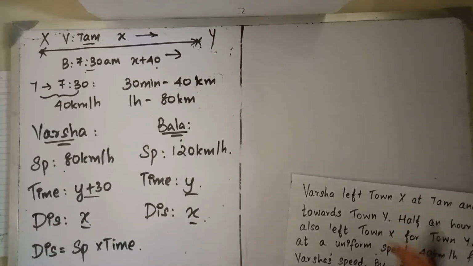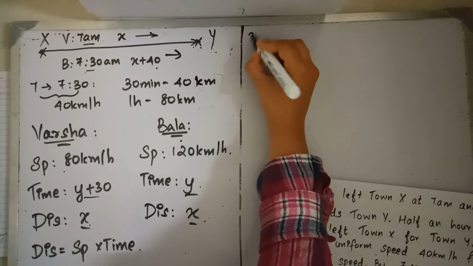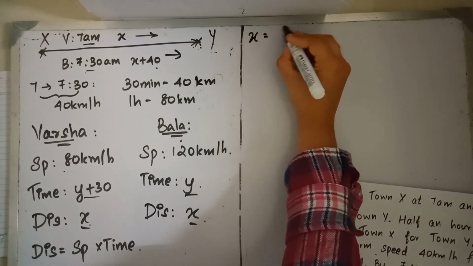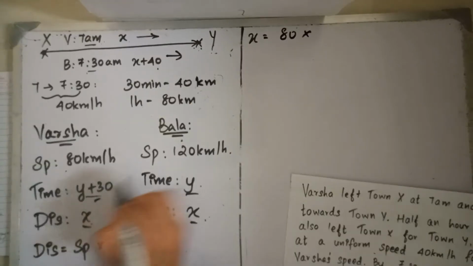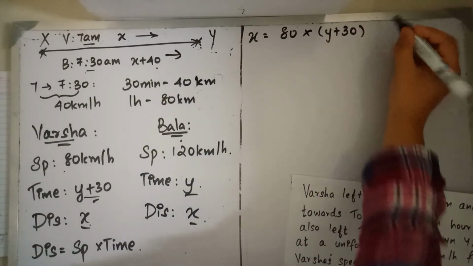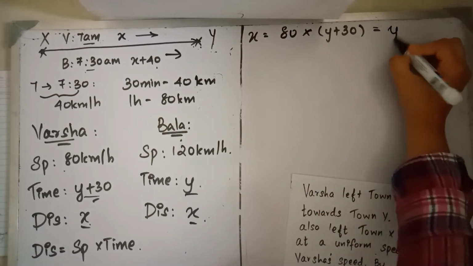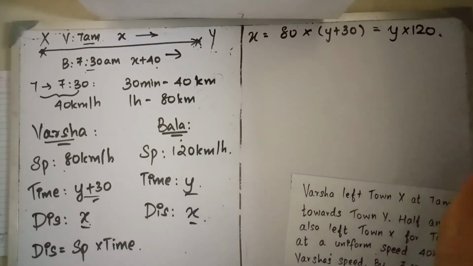So in Varsha's case, we can say that X is equal to 80 into time Y plus 30, and in Bala's case we can say that X is equal to Y into 120.